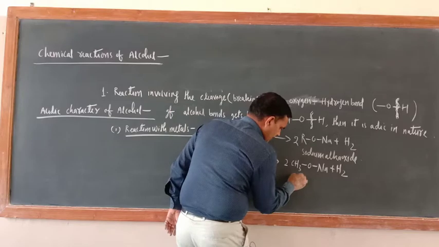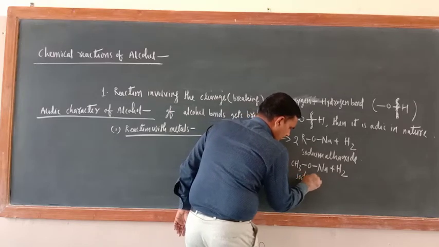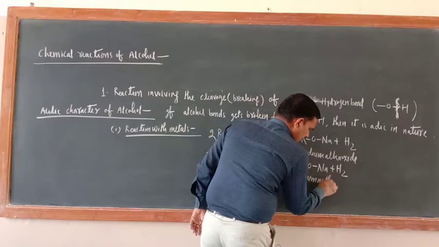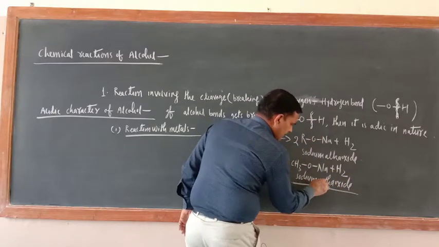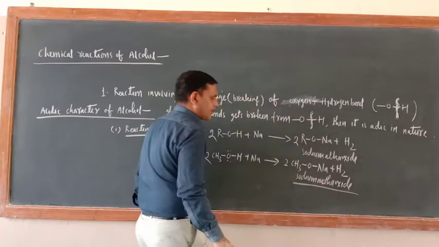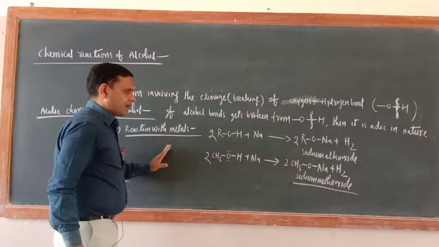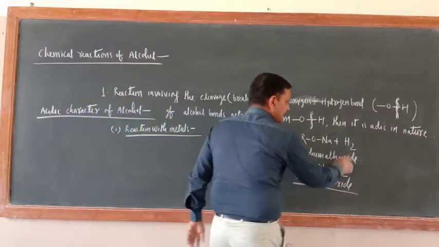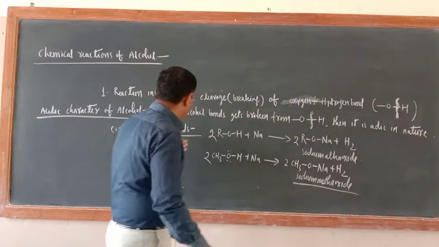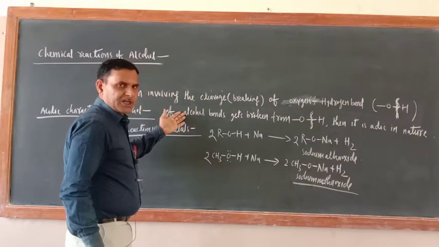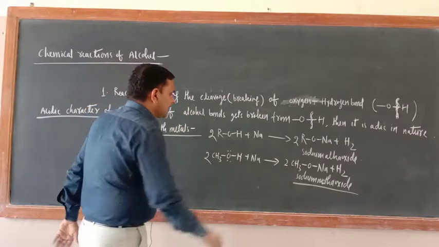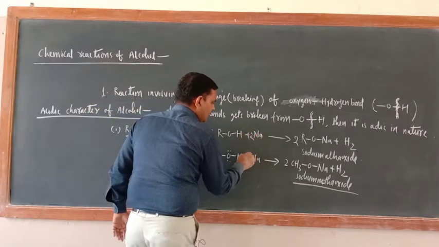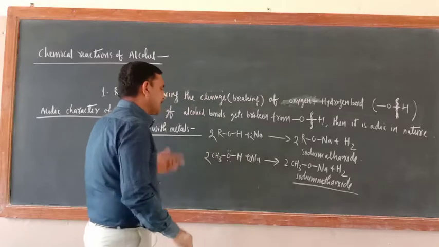This is sodium methoxide. Sodium methoxide. Okay, have you got this one or not? So removal of hydrogen is there or not? That is why it is evidence in favor of the acidic nature of alcohol. It is reacting with active metals and removing hydrogen. It means it is acidic in nature.